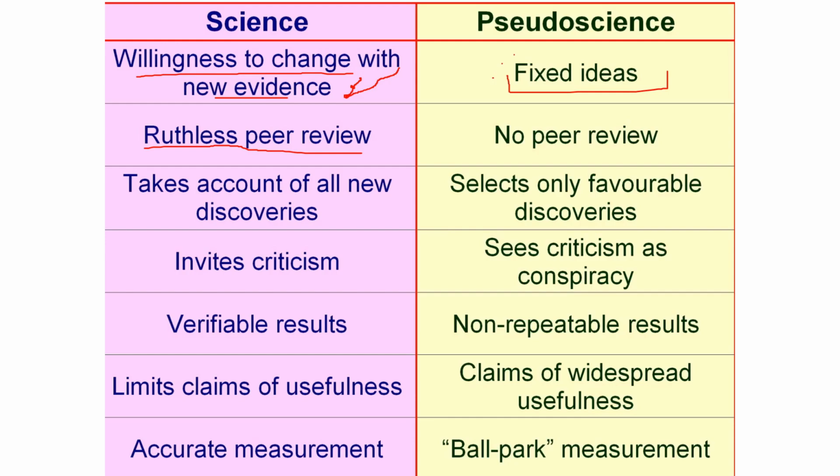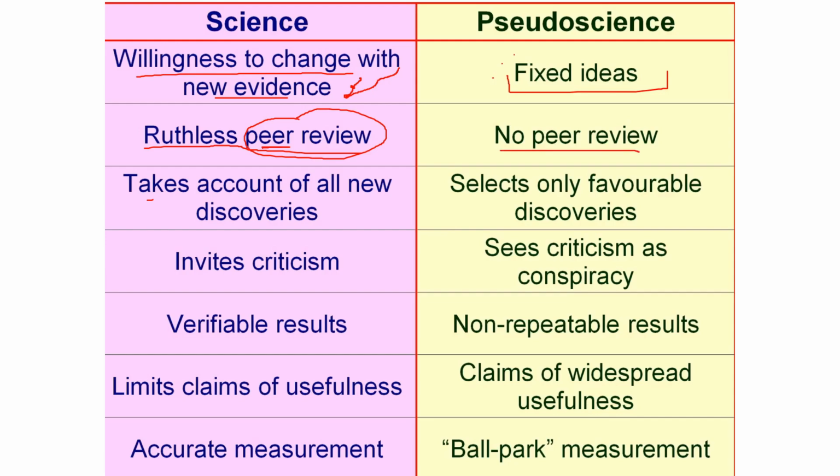In order to be published, scientific results and discoveries need to be reviewed by a peer-reviewed journal. They're called peer-reviewed journals because scientists from the same area review this data, and they will agree or disagree with publishing it. And pseudoscience has no peer review.